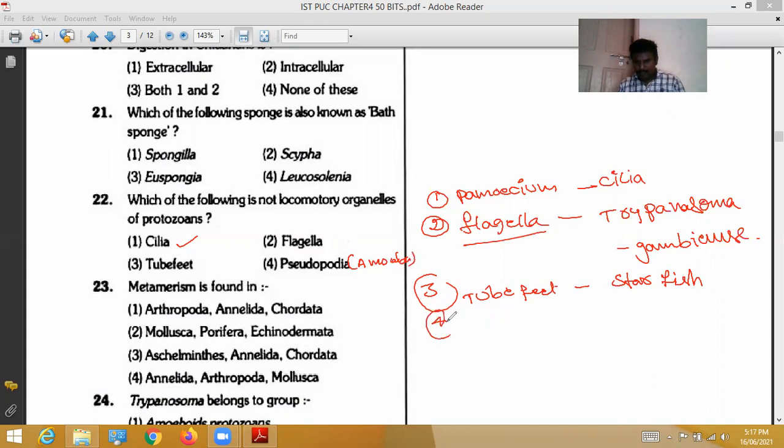So among these 4 options, tube feet is the answer. The correct answer is the third option.